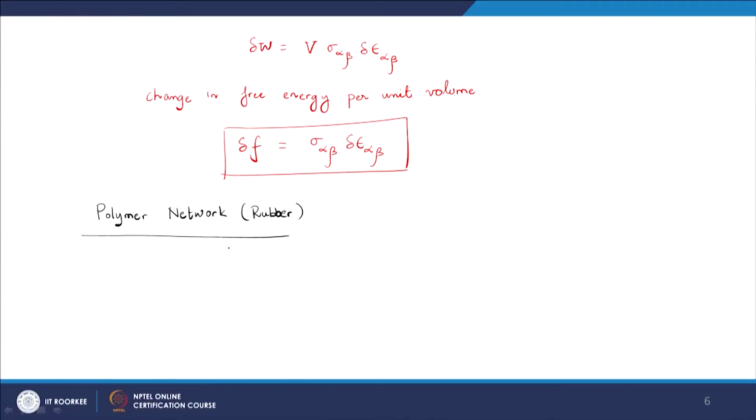When there is a solvent, it is called a polymer gel that will have additional contributions to free energy. But in this case, it is a solid polymer network, the rubber that you know of. So, in that case, it turns out that the free energy density is a function of E alone.